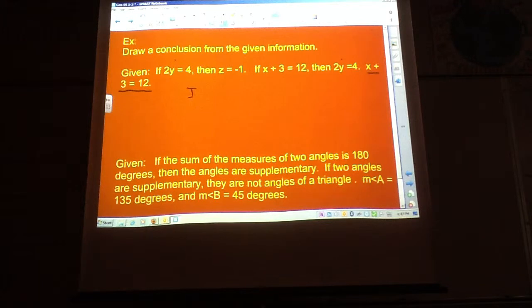So I'm going to say if x plus 3 equals 12, then 2y equals 4. So this part right here, I'm going to call that our P. I'm going to call this 2y equals 4 our Q. Now if I write that second one down, I'll have if 2y equals 4, then z equals -1.